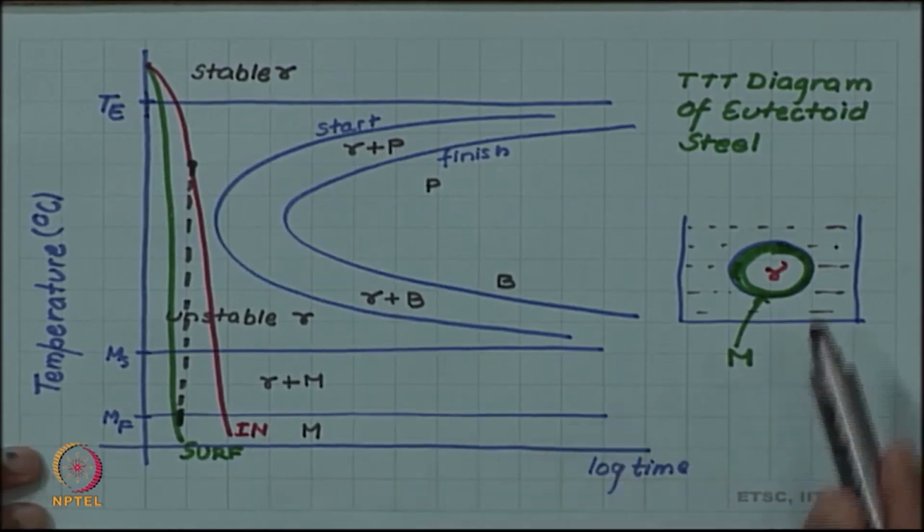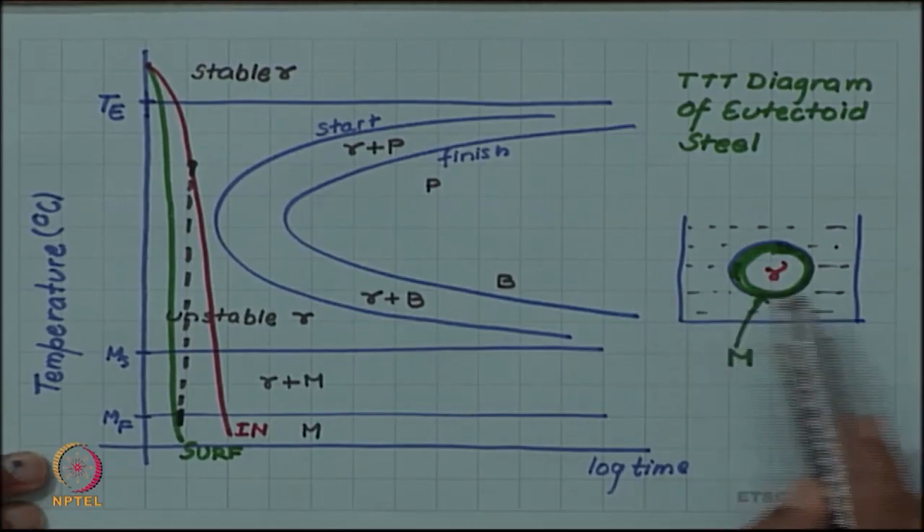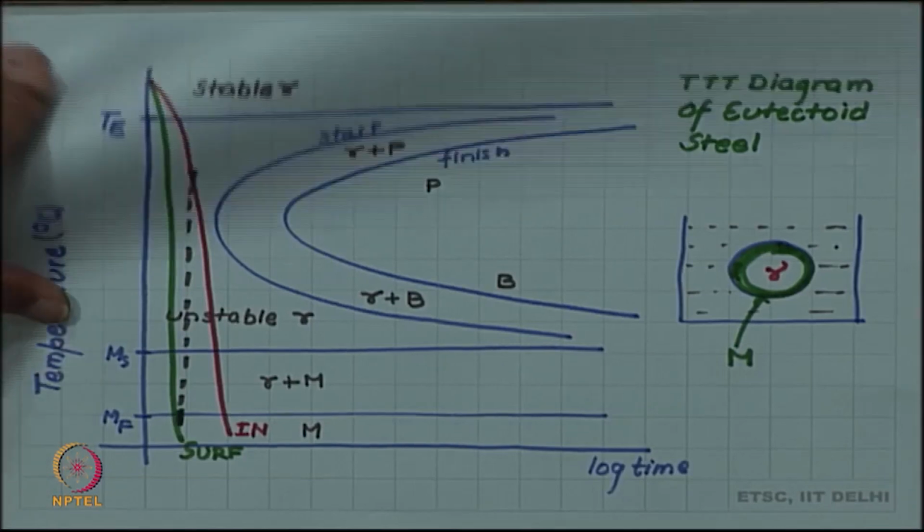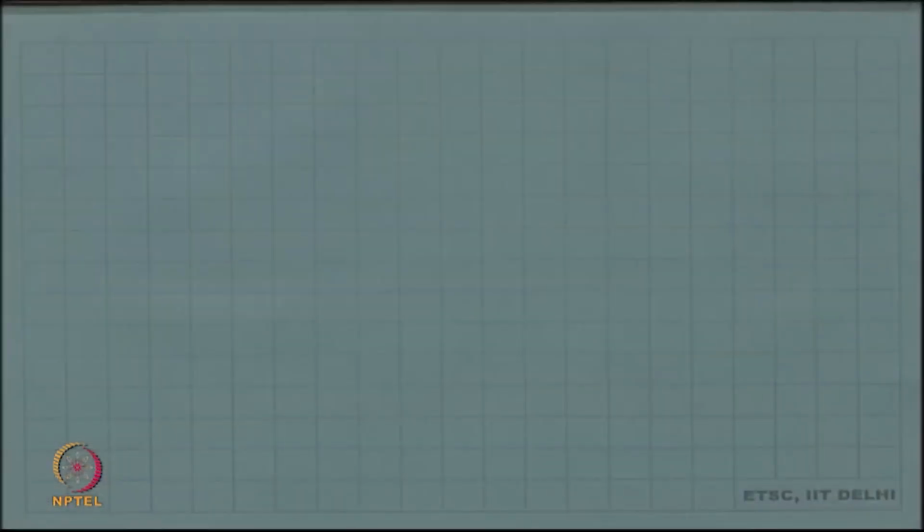Now, gradually as cooling will continue, the inside will also transform to martensite, but there is a problem with this kind of transformation.